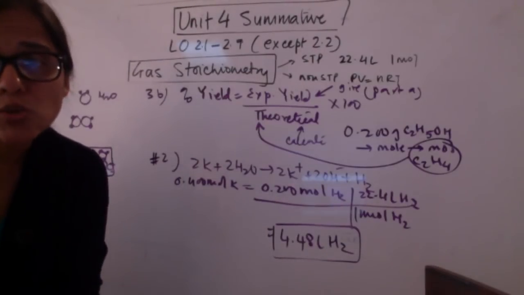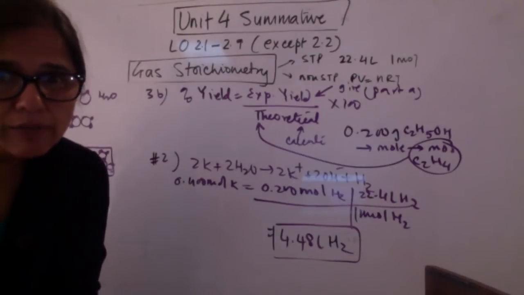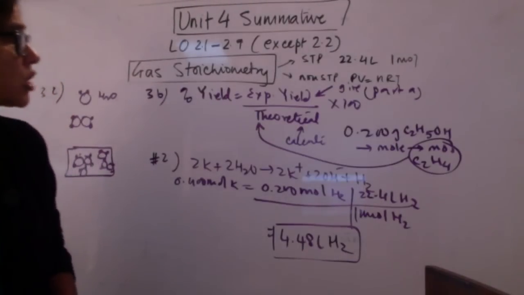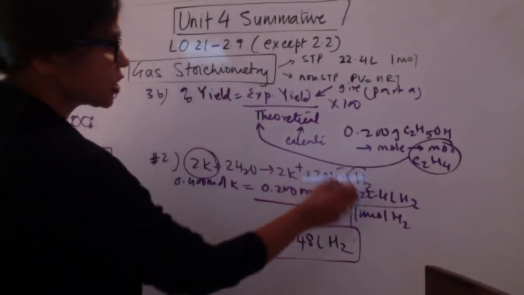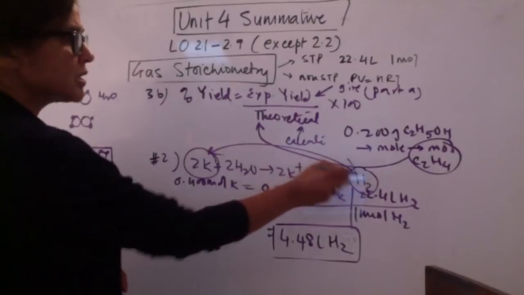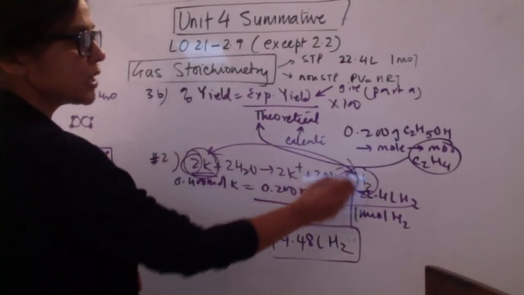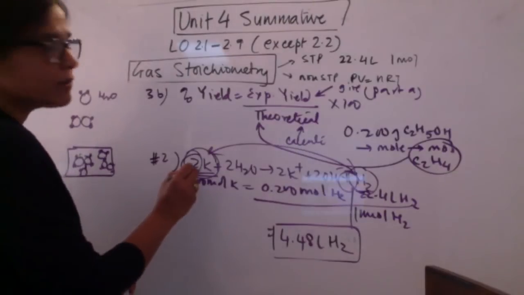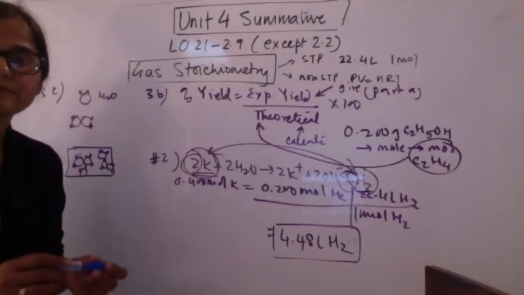And 2.2 I just did for Karina. So where did 0.2 moles of hydrogen come from? From this mole ratio. What is the mole ratio between potassium and hydrogen? 2 to 1. So if we have 0.4 of this, we will have half of that or 0.2 of that.